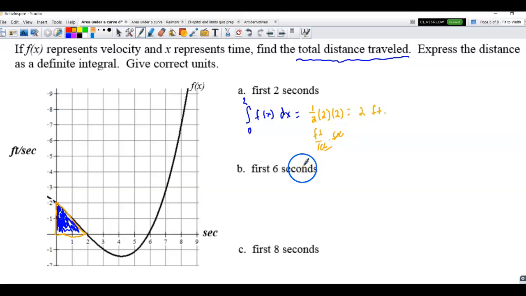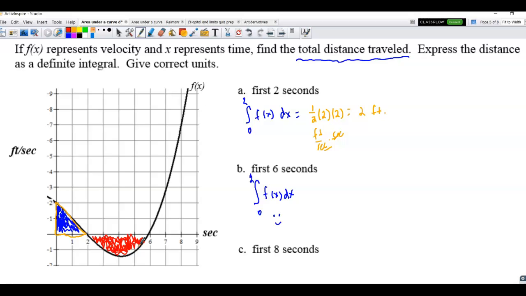Now, for the first 6 seconds, we have to be really, really careful. We're going to take the total distance traveled that we already found, which was the integral from 0 to 2 of f of x dx. Remember, that was positive area. That was all good. But now the next region from 2 to 6 has to be calculated as negative. If I subtract, as I'm supposed to, because this is going to give me net area, then I'm not going to get the total distance traveled.